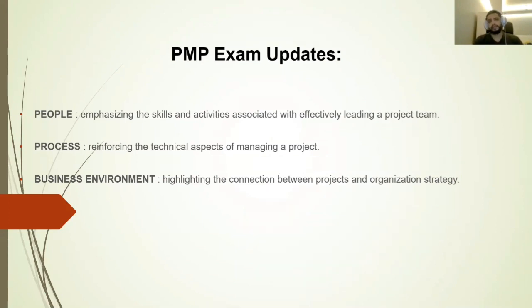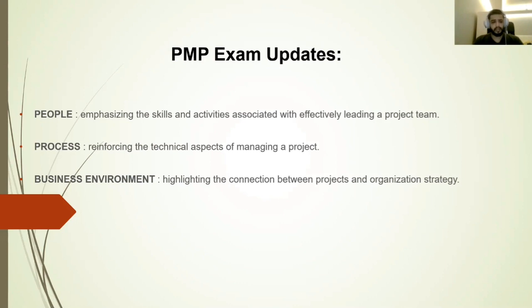People is all the people you will work with in PMP, all the people you can work with or talk to or anything. The people is everywhere. And also here the process, reinforcing the technical aspect of managing a project.